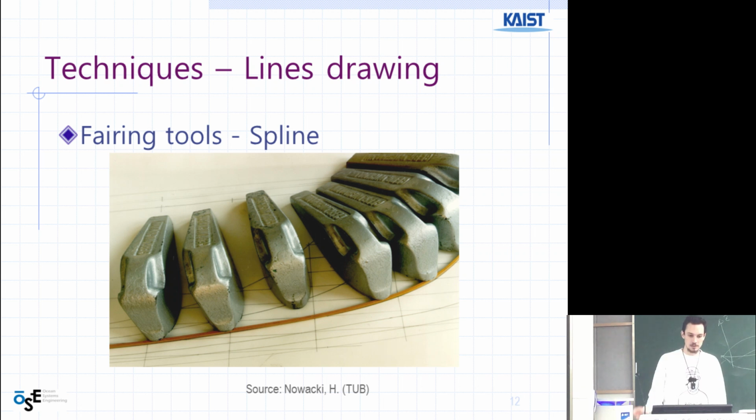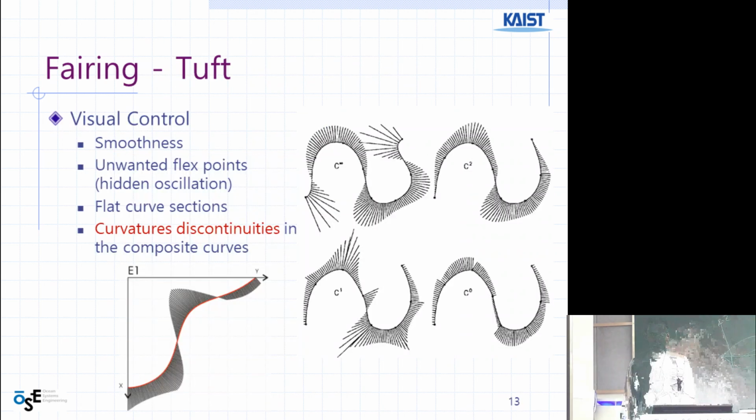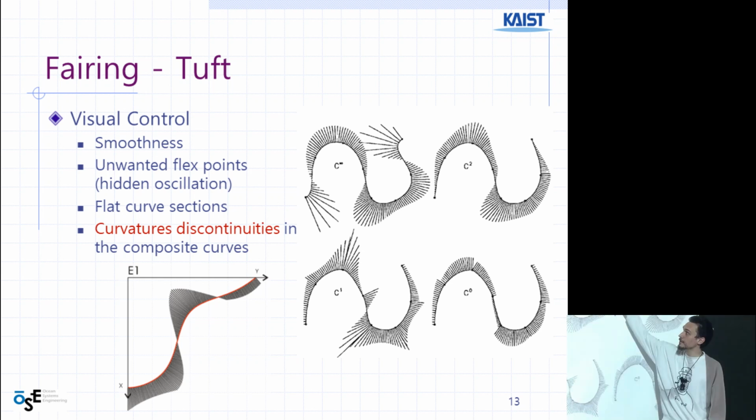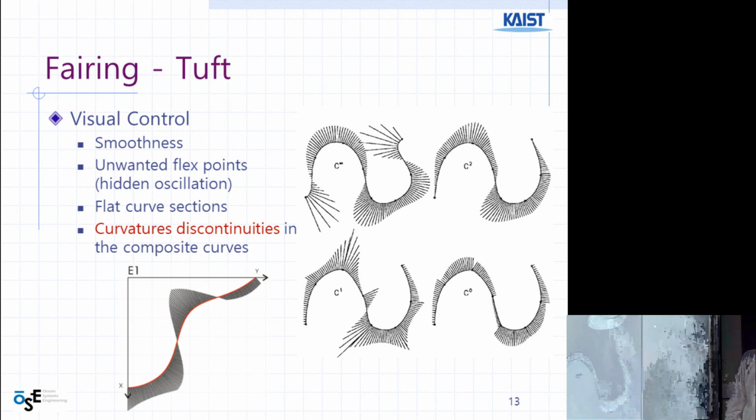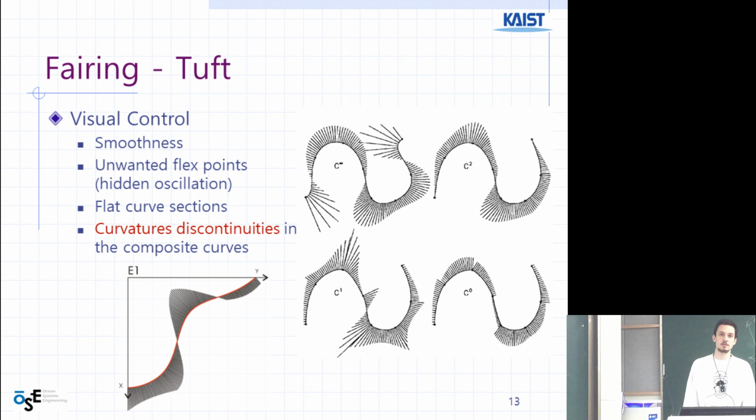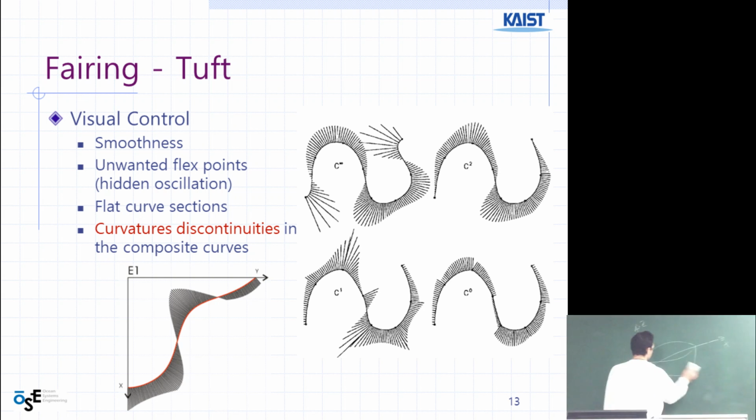Another tool is the tuft. With the tuft, we draw along the line the curvature, I mean the intensity of the curvature. Is everyone familiar with curvature and radius? So maybe I should explain it a bit more. The curvature is the second derivative of the line.